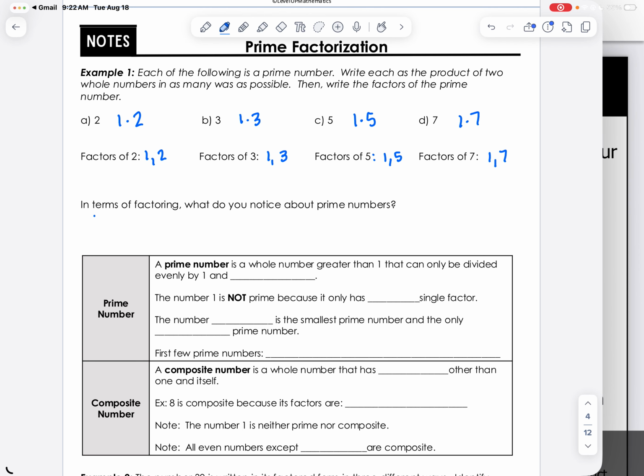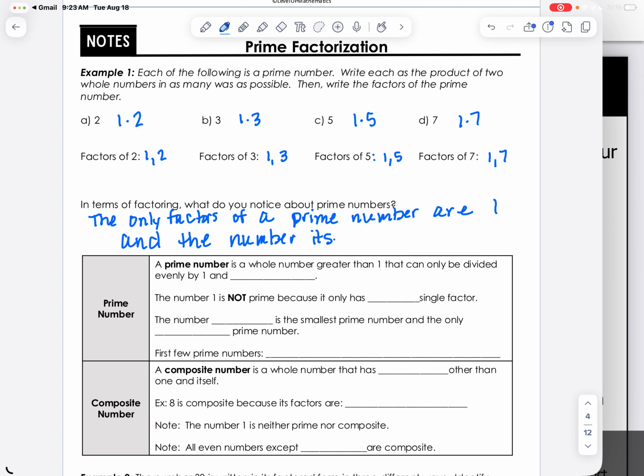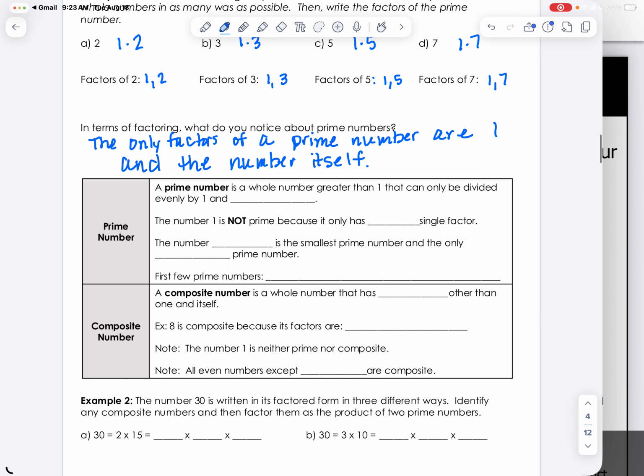So I would say the only factors of a prime number are 1 and the number itself.